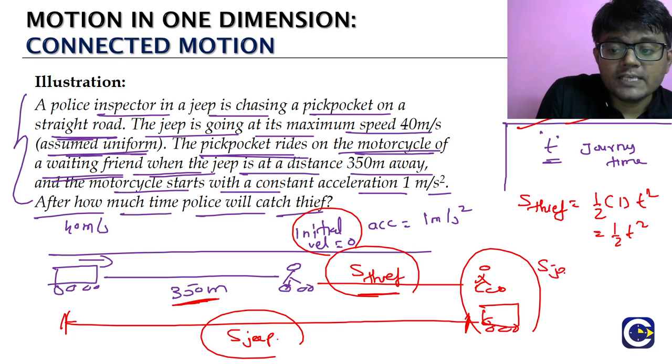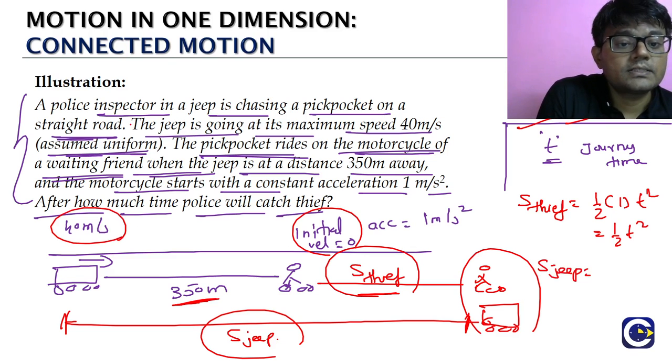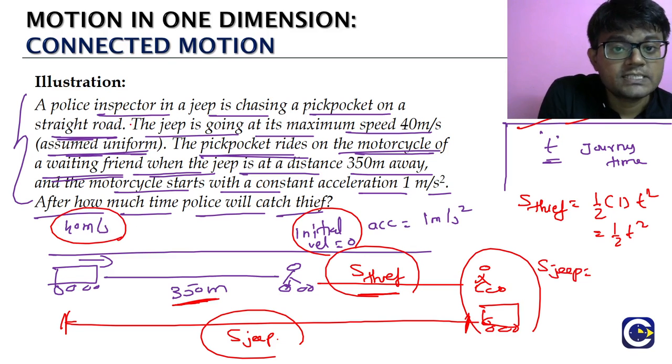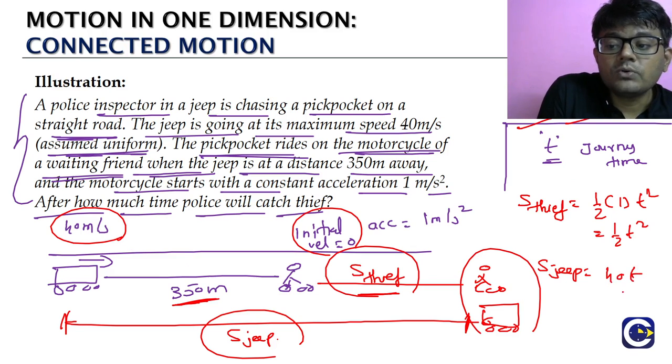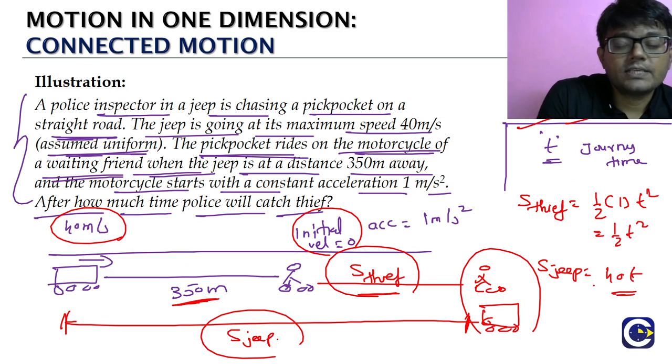What about the displacement of the police jeep? The police jeep is coming with a uniform speed, uniform velocity in a straight line. Journey time is T, so displacement will be 40 into t. There is no acceleration. Now what is the connection between both these motions?